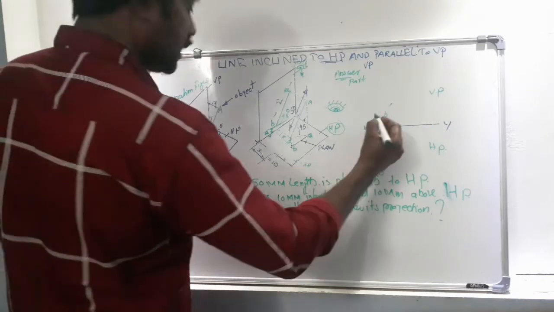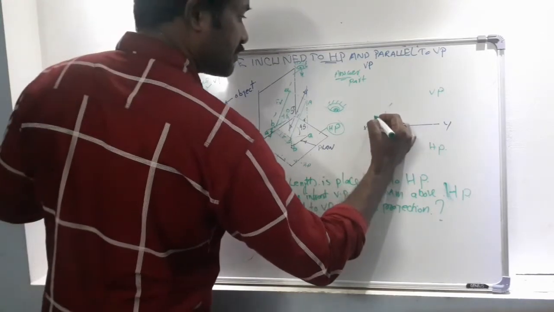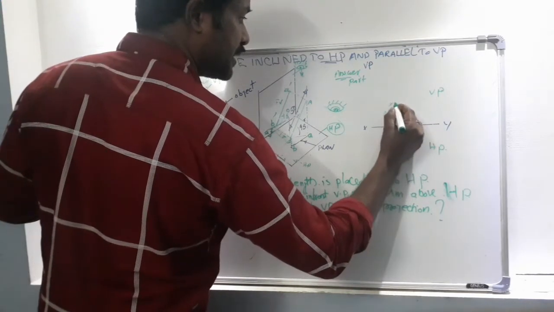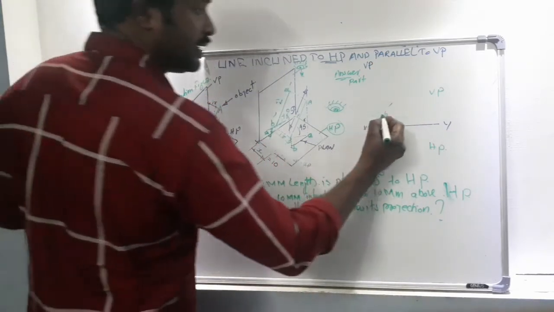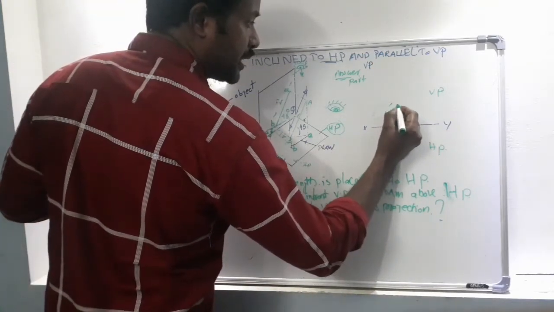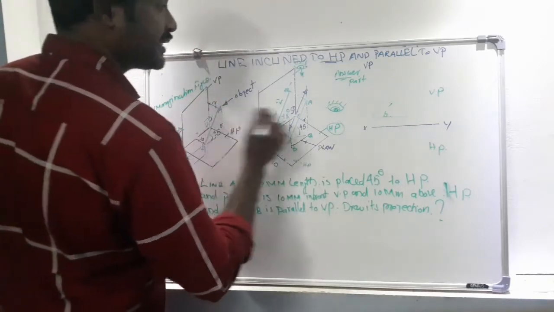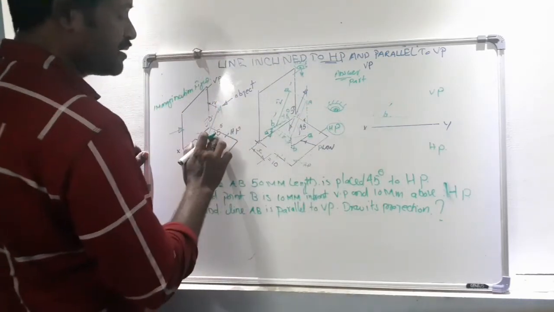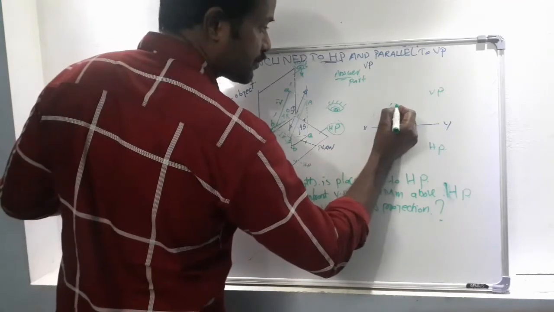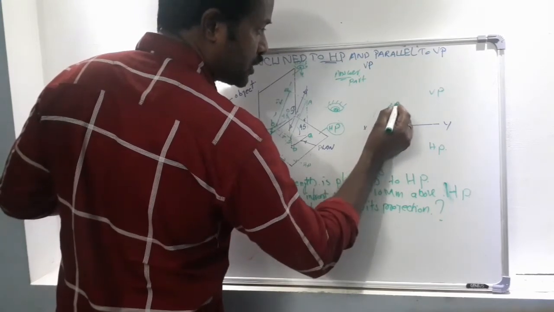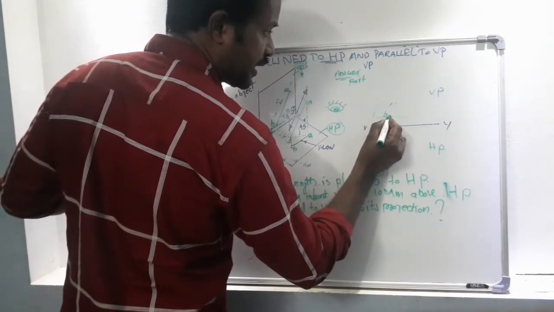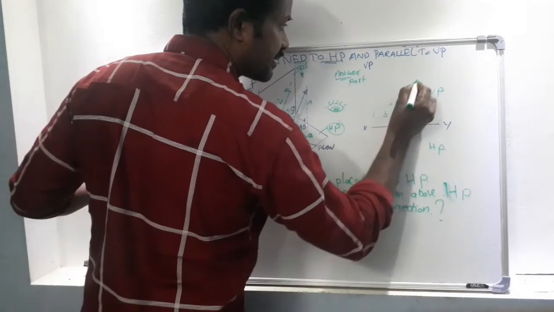Now place your protractor here and mark its inclination. The inclination angle is 45 degree. So with the help of this protractor, we can mark 45 degree, and through this 45 degree we can draw an inclined line.